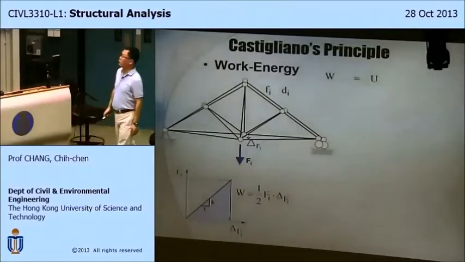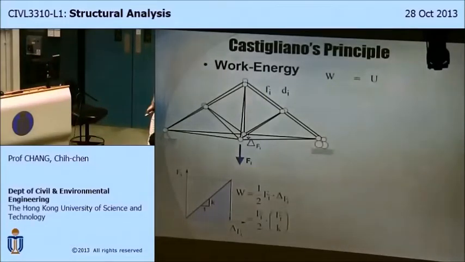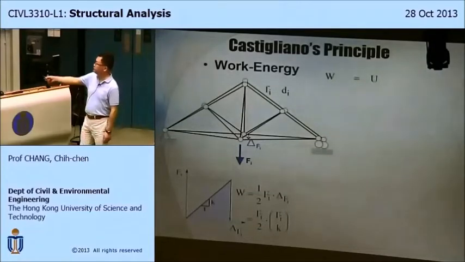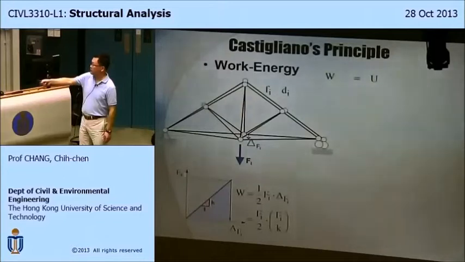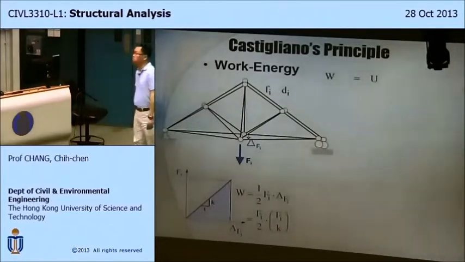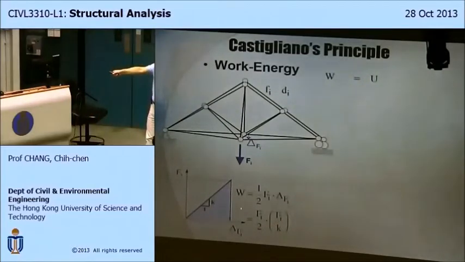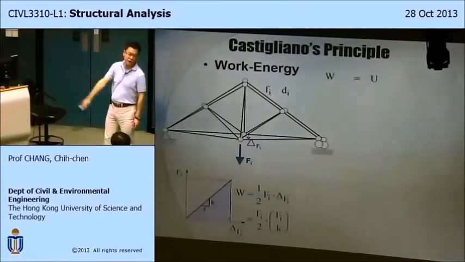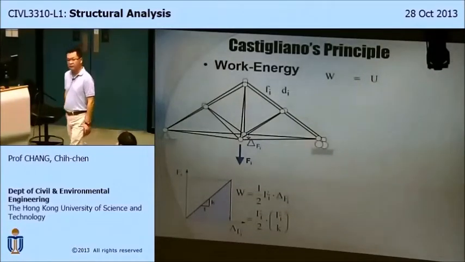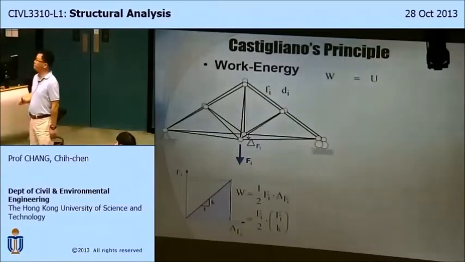We know that this work is going to be saved into the structure in the form of strain energy. But before that, because force and deformation have a linear relationship, I can express the displacement as F over K, where K is a constant. So you can see that the work basically is a second-order function of F.